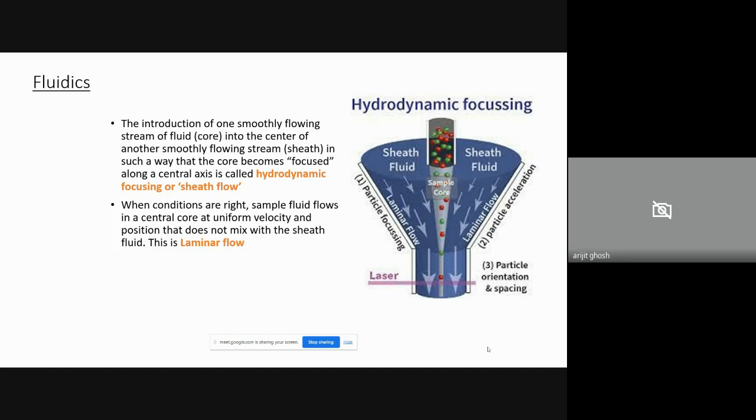So what happens is, when the sample fluid flows at a higher velocity into the center of another smoothly flowing stream, which is our sheath fluid, it gets focused along a central axis, because there is a difference in the velocity of the two fluids, the sheath fluid and the sample fluid.